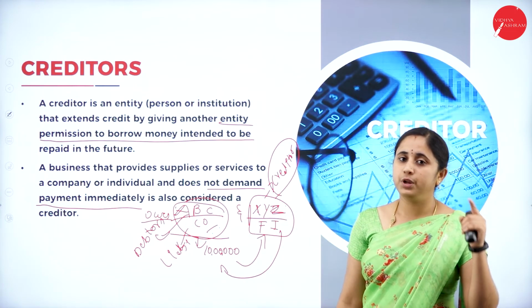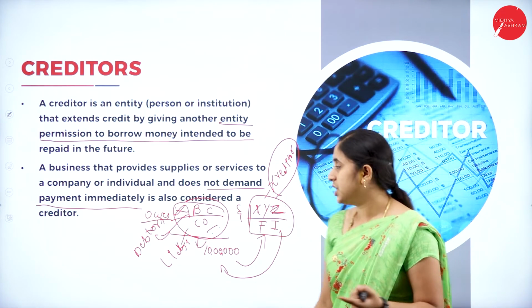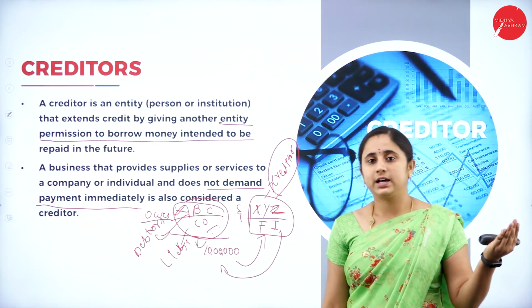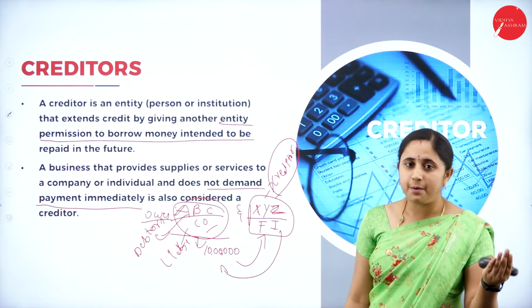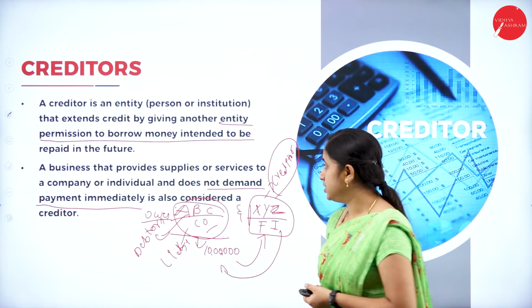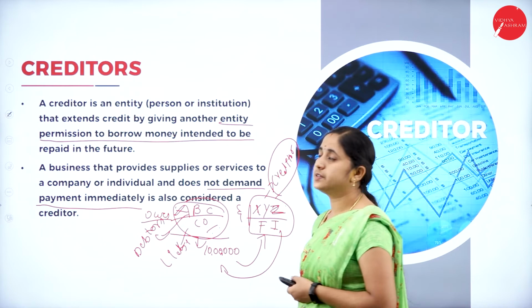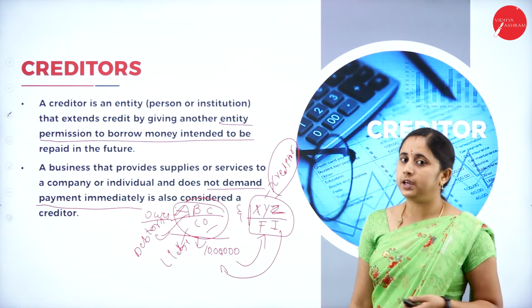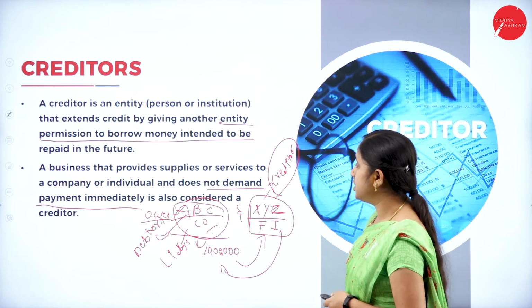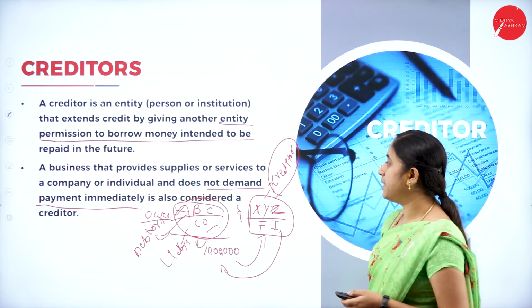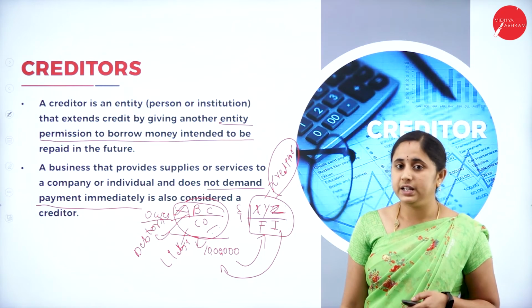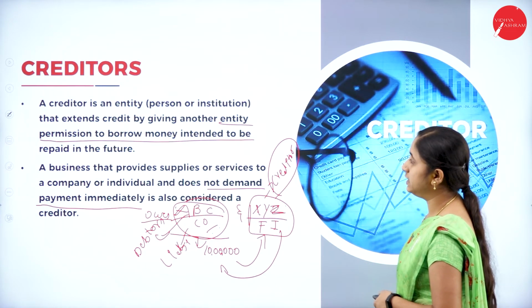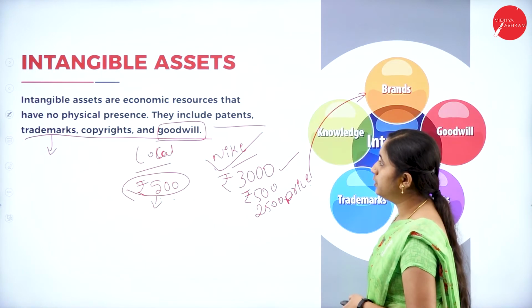That means you have an obligation to repay in future. You will write it on the credit side or the liability side of the balance sheet. So a creditor is a person, individual or firm who gives permission to borrow money to repay in future and does not demand payment immediately. He became the creditor.